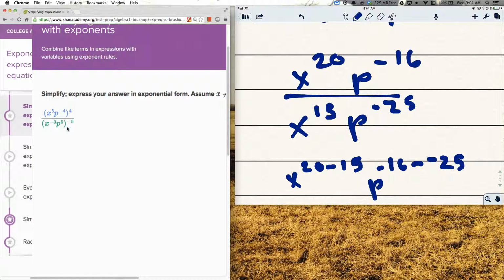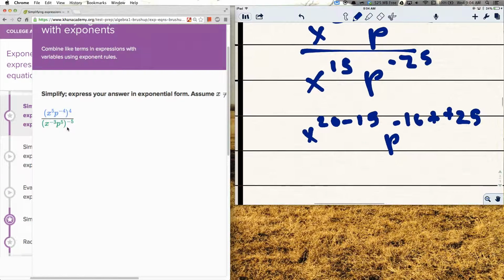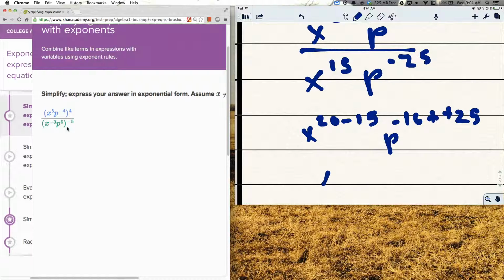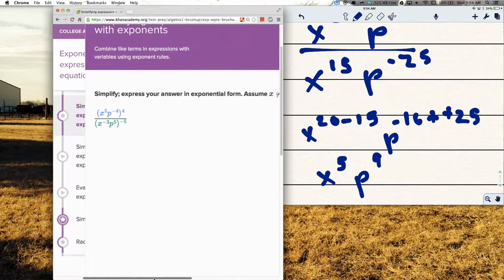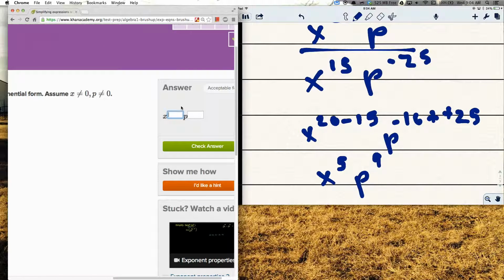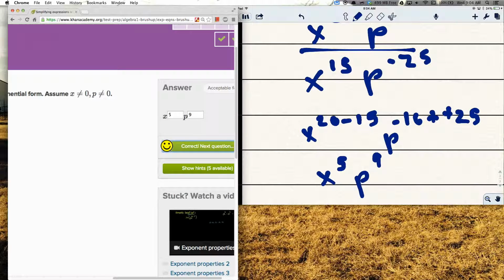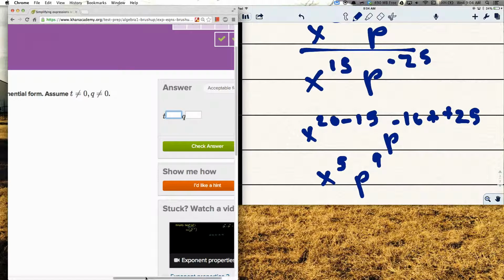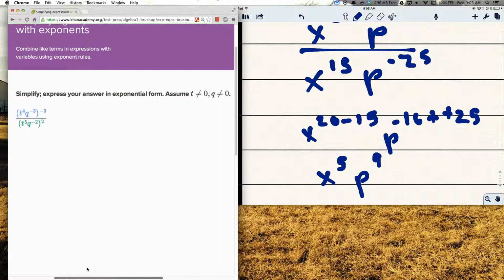I want you to remember that subtracting a negative is just like adding, and so my final answer here will be x to the 5th, because that's 20 minus 15, and p to the negative 16 plus 25 is p to the 9th, because that's just 25 minus 16. And so I should be able to type that in and get it correct. I'll just type in the exponents for these problems. Hooray!